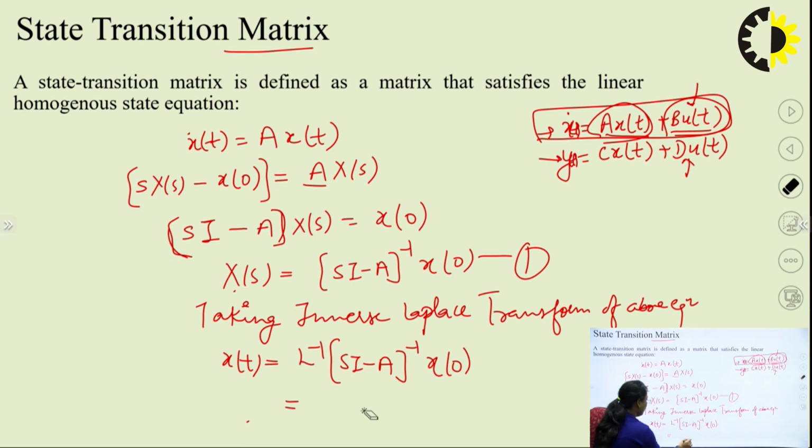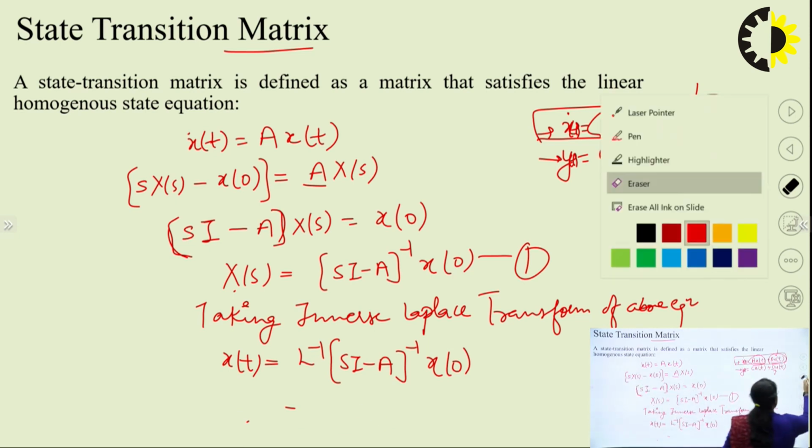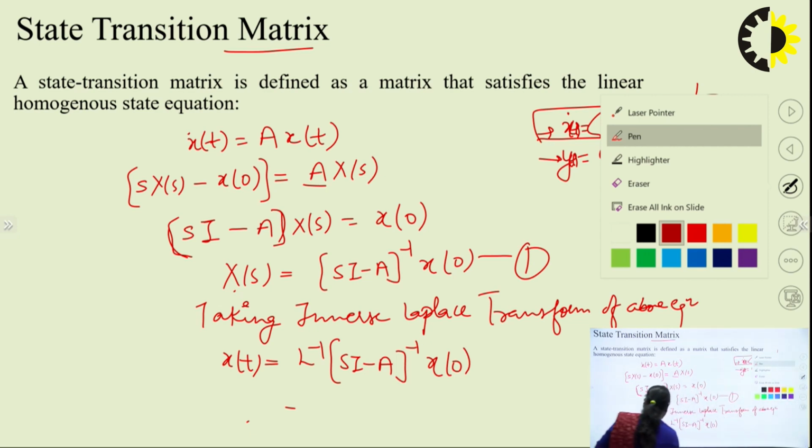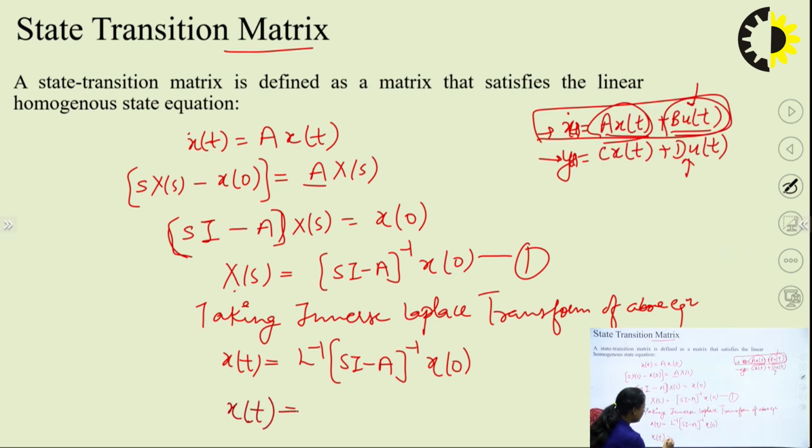From the solution of the homogeneous equation, we have x t is equal to phi t into x0.